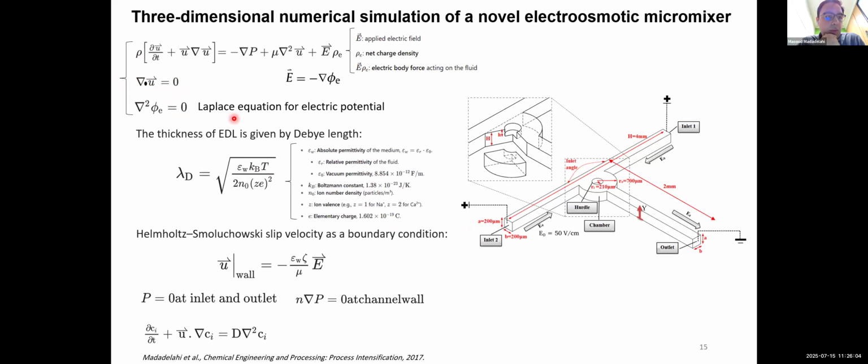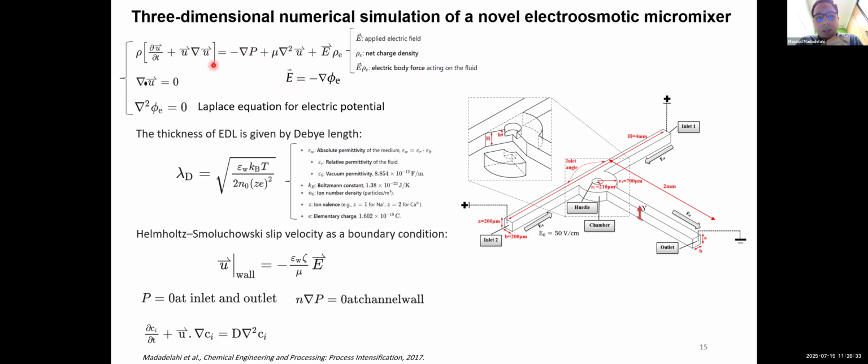So logically, we need to solve all these equations together in a system of equations. You find this electric potential distribution. Using that, you can find electric field. You put that here, and you find the velocity distribution. But we have another option to simplify this procedure a bit more.